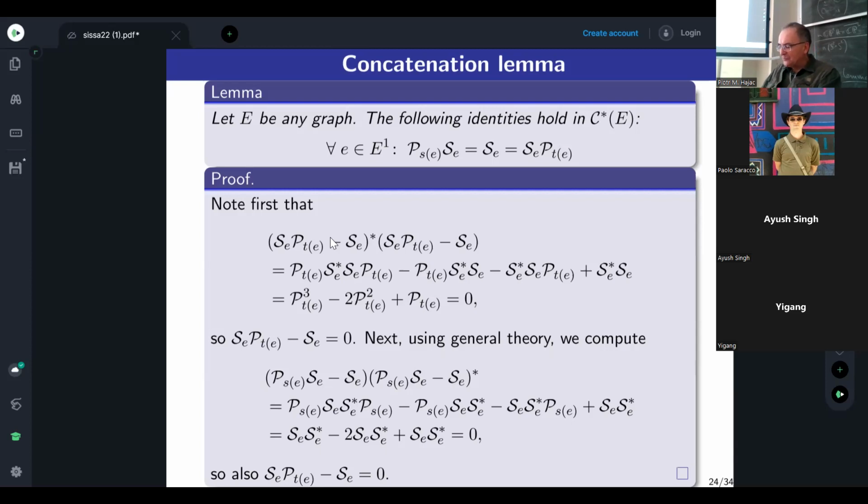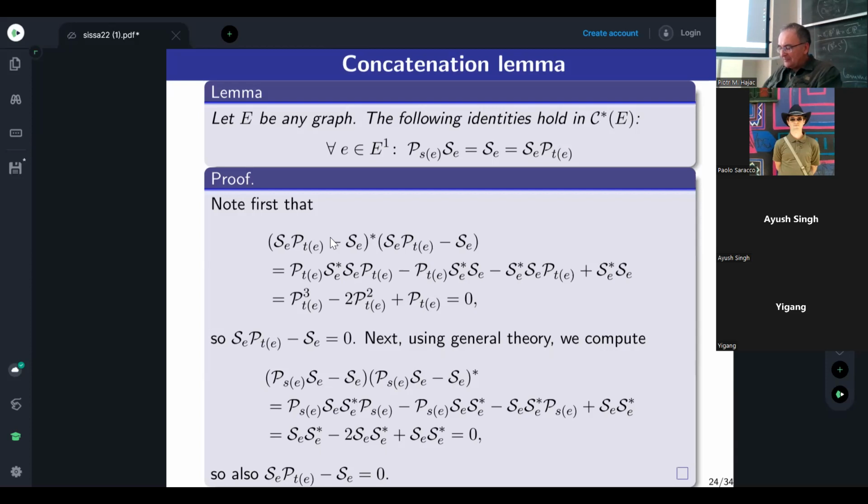Because if I prove that x x star is equal to 0, then x is equal to 0 in just the same way. I mean, if you want a legal argument, then write x as x star star. And okay, say that we prove that x star is 0, but star is a bijection, so also x is, okay? So we do this calculation, but now we start from the right-hand side.